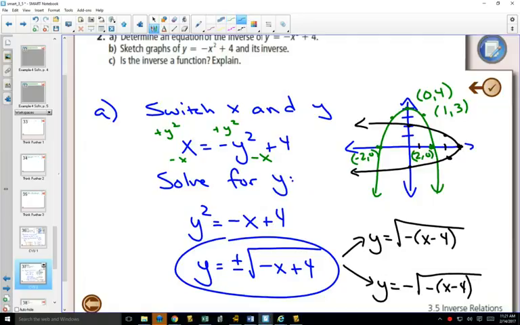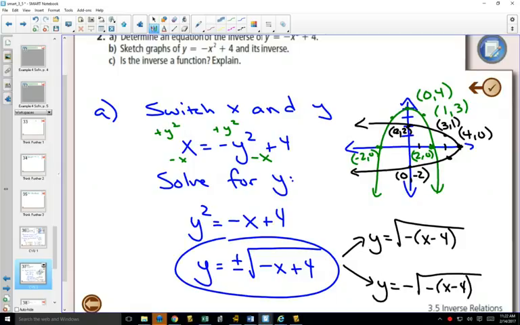So instead of 0, 4, can you see that we have the point 4, 0? Instead of 1, 3, we have 3, 1. We have 0, 2 and 0, -2. So we could have found those points as well by just taking our x and y values and flipping them. But I wanted to show you that you could do it with transformations as well.